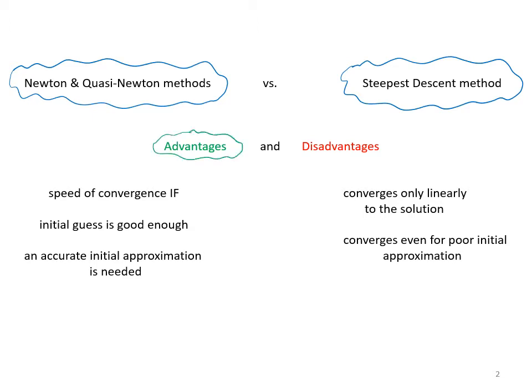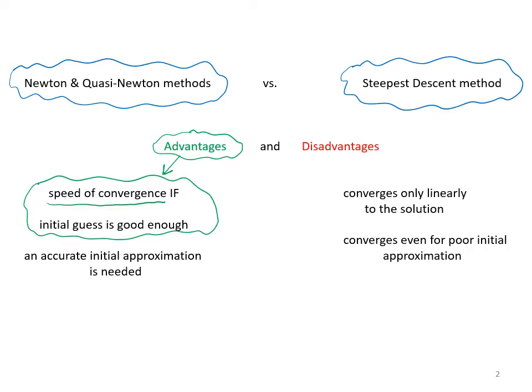First, if we talk about advantages of Newton and quasi-Newton methods, we have to say that the clear advantage is speed of convergence. We remember that if we have a good initial guess, initial approximation, this method can converge really fast to our solution.